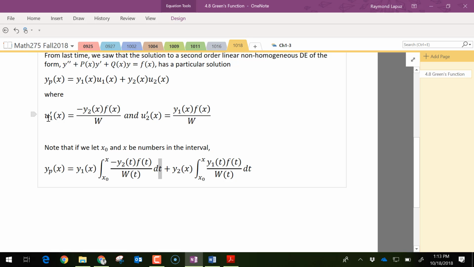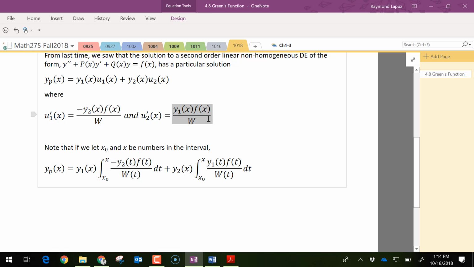So to find u1, I would take u1 prime and take the integral of that, and then I would evaluate it from x sub 0 to x. And then after I get that, I multiply it by y1.